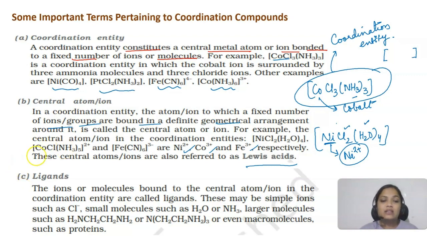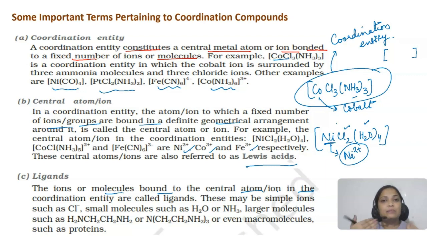Okay, next, ligands. Ligands are the ions or molecules which are bound to the central atom in the coordination entity. So apart from the central atom, whatever groups are bound with the metal atom, we will be calling them ligands.